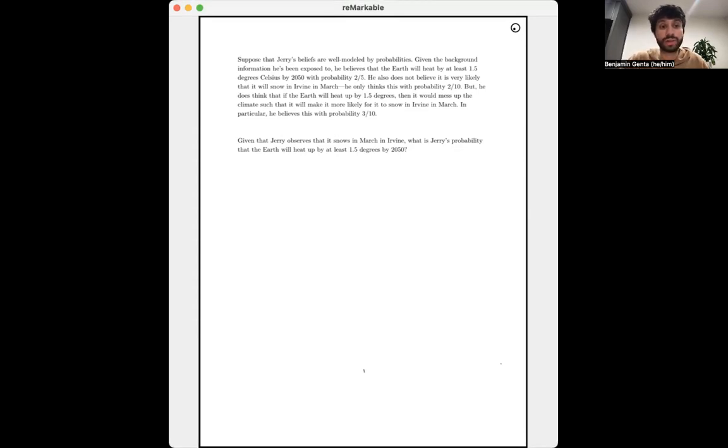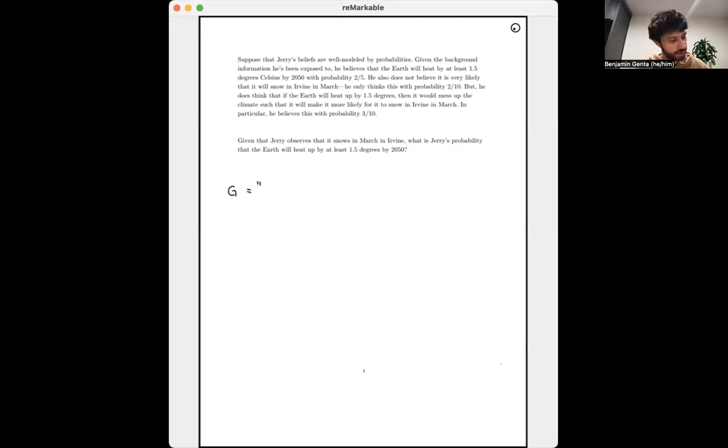So let's go through this example. Suppose that Jerry's beliefs are well modeled by probabilities. Given the background information he's been exposed to, he believes that the Earth will heat by at least 1.5 degrees Celsius by 2050 with probability 2/5. Let's call this statement G, for global warming.